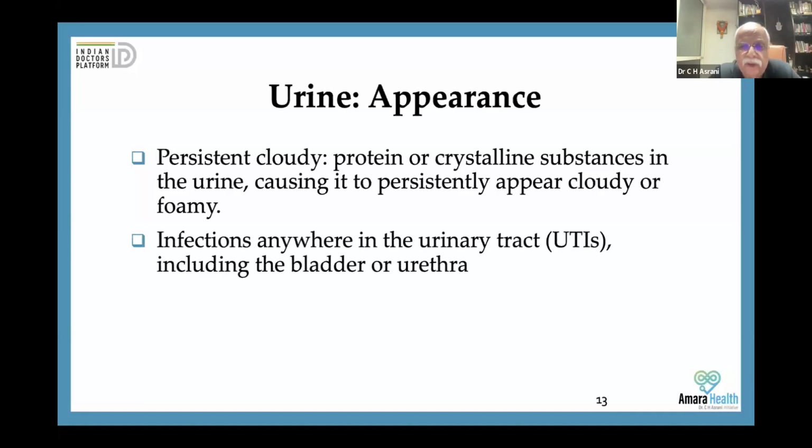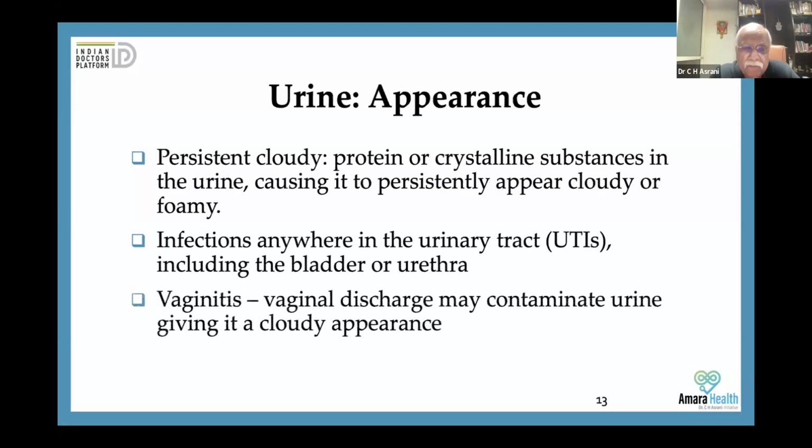Infection anywhere in the urinary tract, including the bladder or urethra, will give you persistent cloudy urine. Vaginitis. If the patient has leukorrhea, may not have UTI, that vaginal discharge will contaminate urine and give you a cloudy appearance. Smoky urine indicates more RBCs in the urine.